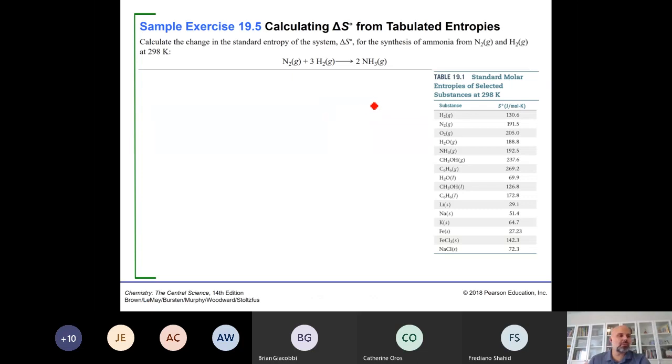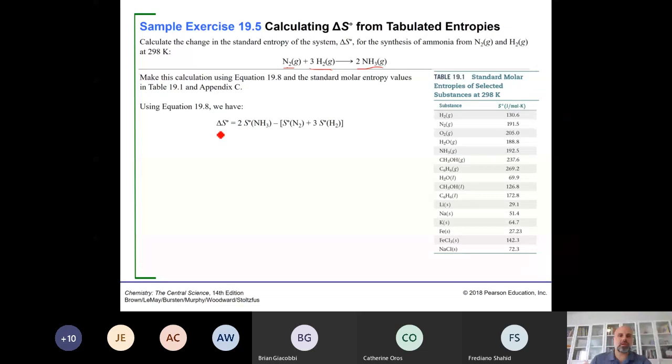So let's go through a sample problem like this. It says calculate the change in standard entropy of the system, or delta S, for the synthesis of ammonia from nitrogen and hydrogen gas at 298 K. So we're simply reacting nitrogen gas and hydrogen gas and getting out ammonia. We're going to make this calculation using equation 19.8, which is on the previous slide, and the standard molar entropy values in Table 19.1 in Appendix C. All we're doing is plugging it in.